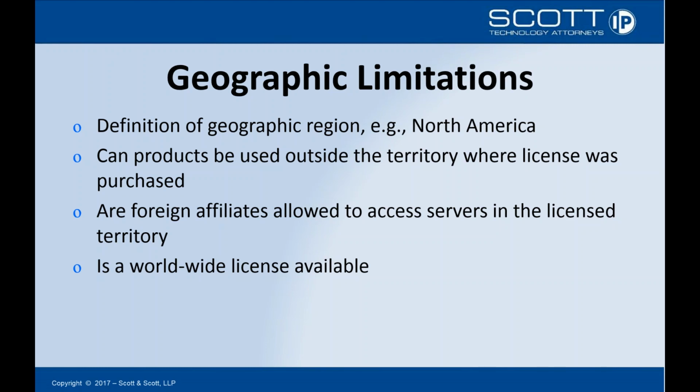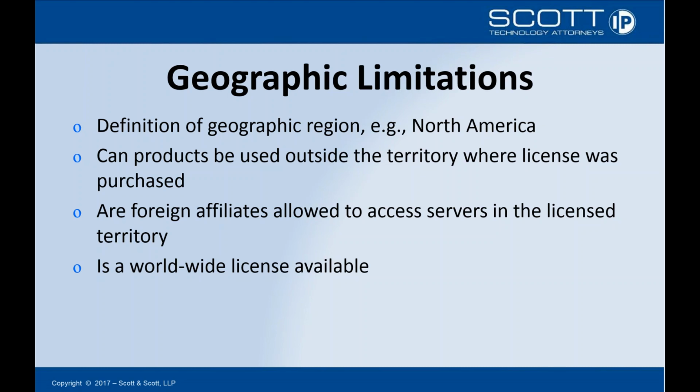One of the rising questions that I see related to geographic limitations is, can the products be used outside the territory where the licenses are purchased, especially if your foreign affiliates are allowed to access servers remotely from a foreign territory?